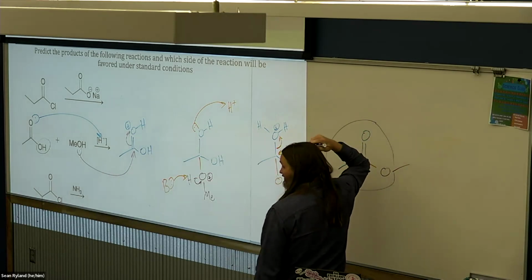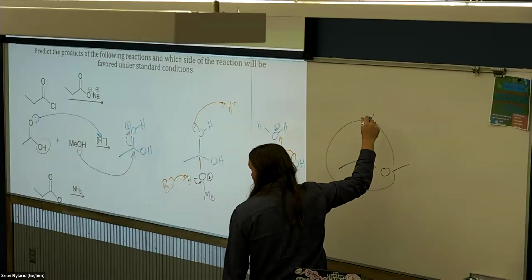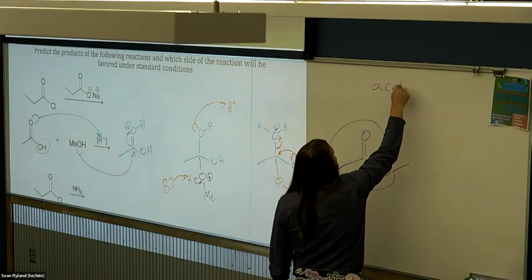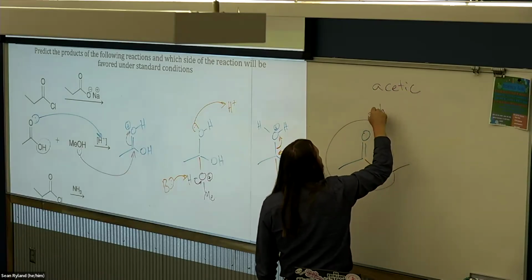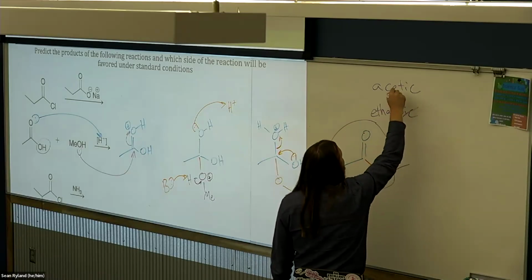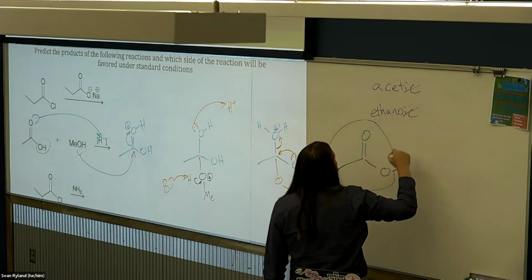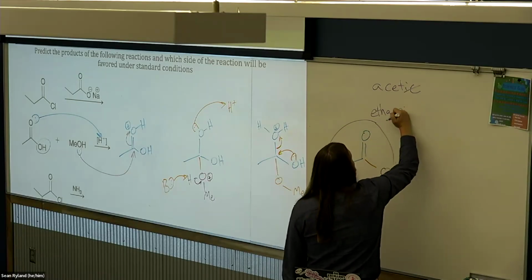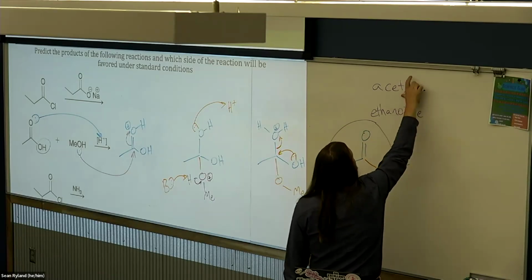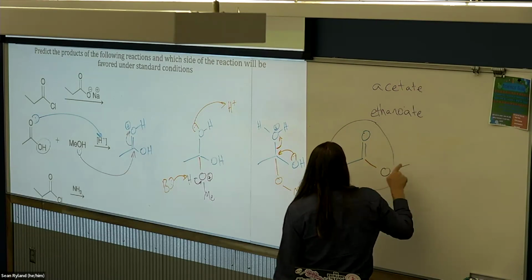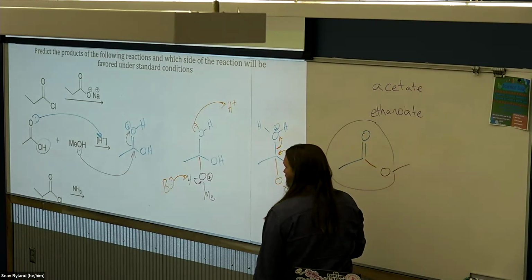So either acetic acid or ethanoic acid, right? If we drop the ic acid and change it to ate, it's acetate or ethanoate. And then we just say what's on the other side of the oxygen.